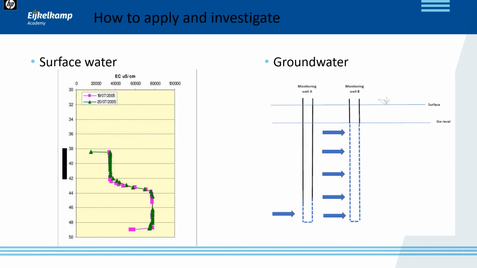In surface water, this can be done by lowering an EC sensor in the water from the surface down, or of course the other way around, from bottom to top.